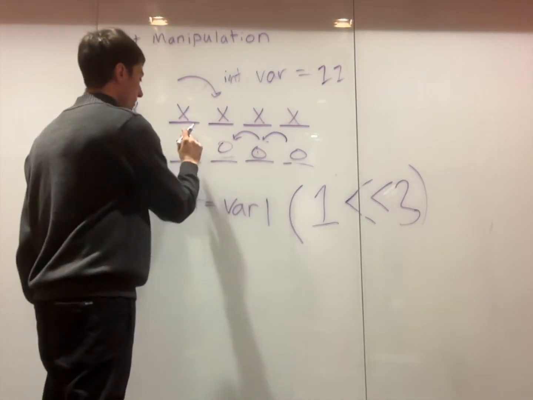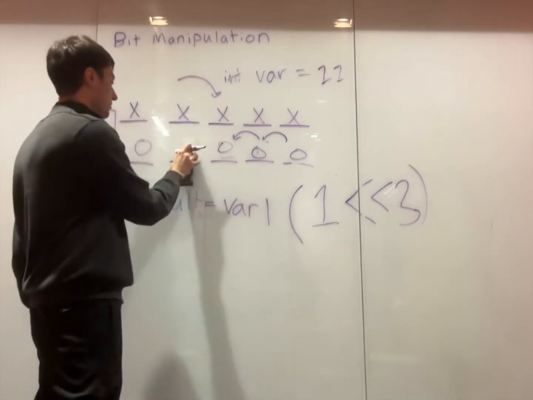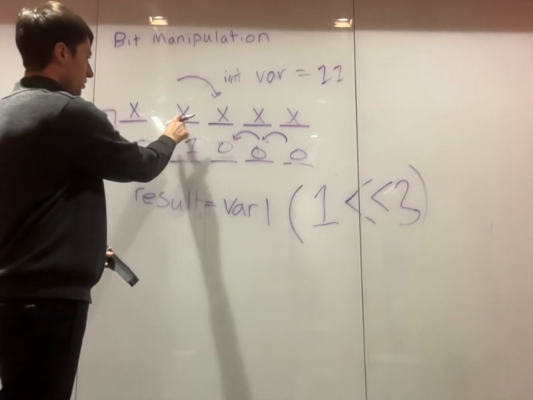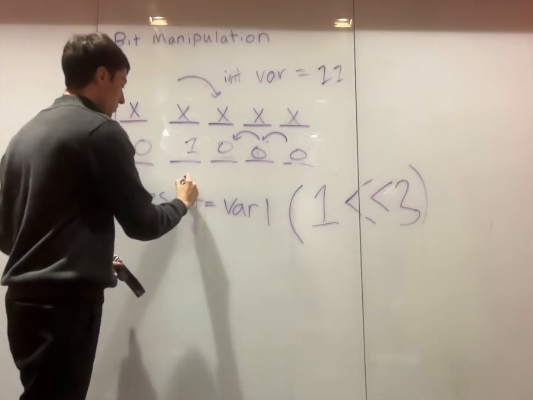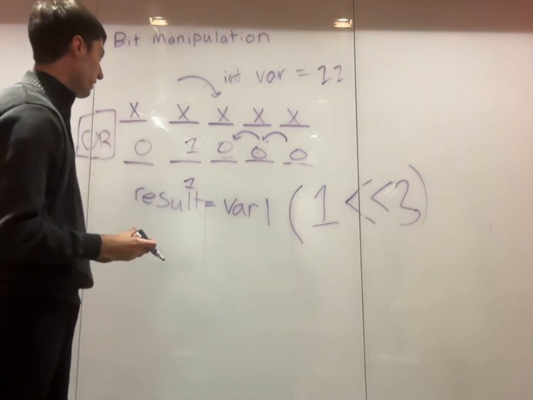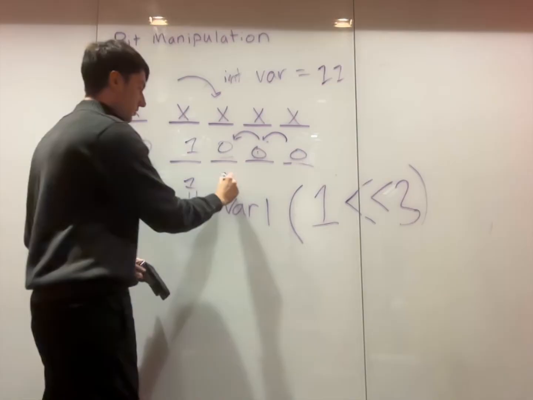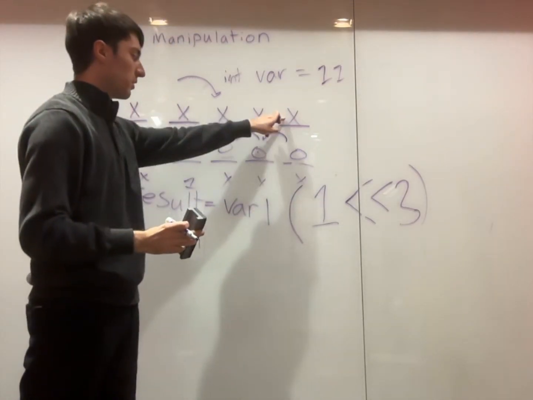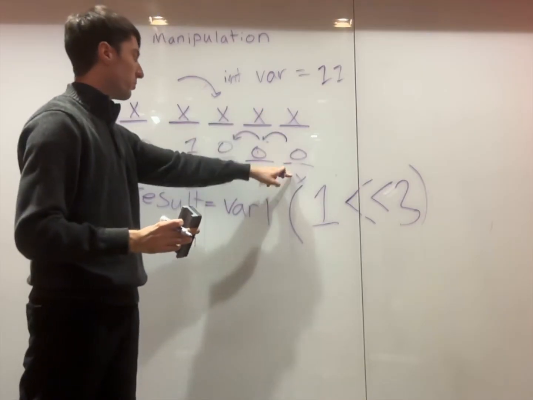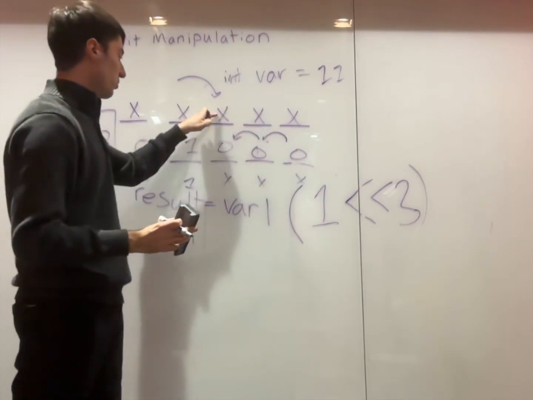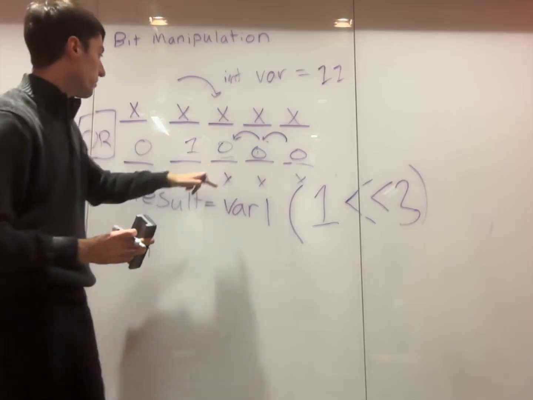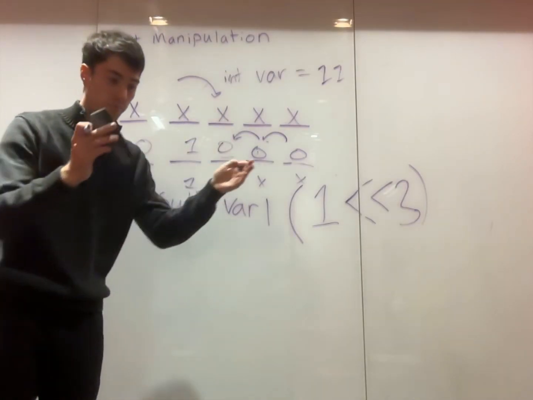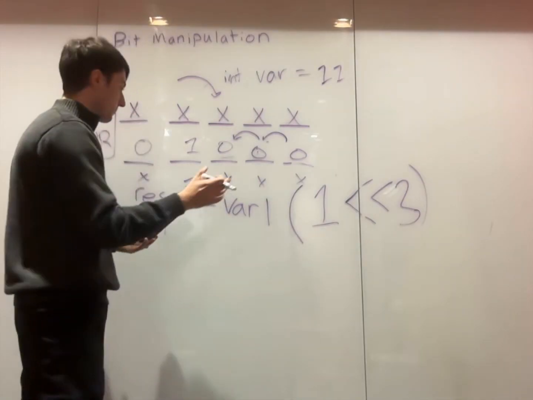That's going to be a 0, and then this one is going to be a 1. No matter what this one is, the result will always be a 1 here. And then this will be x, x, x, x, because if this is a 0, this is going to be a 0, and if this is a 1, this is going to be a 1. 1, 1, 0, 0, 1, 1, 0, 0. No matter what this x is, it's just going to carry out to be that value again.